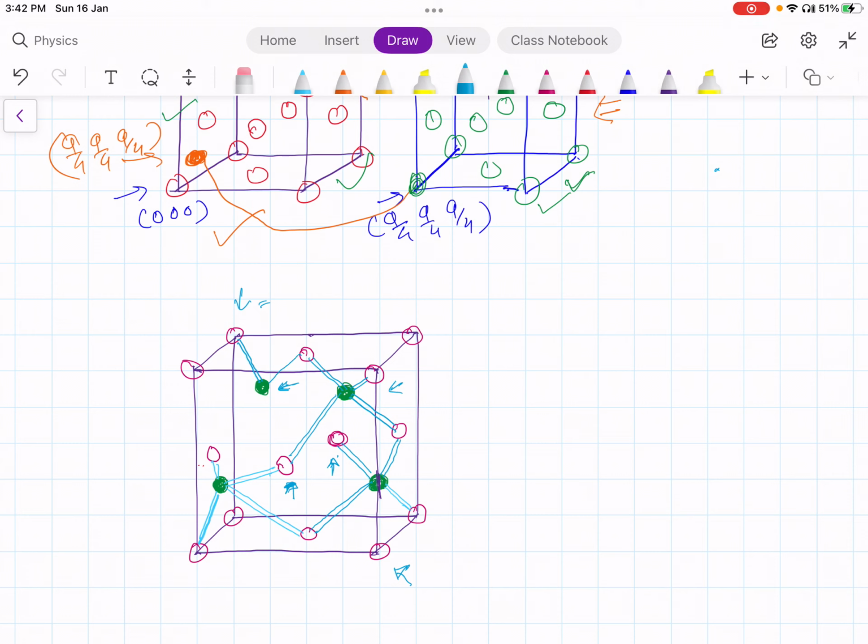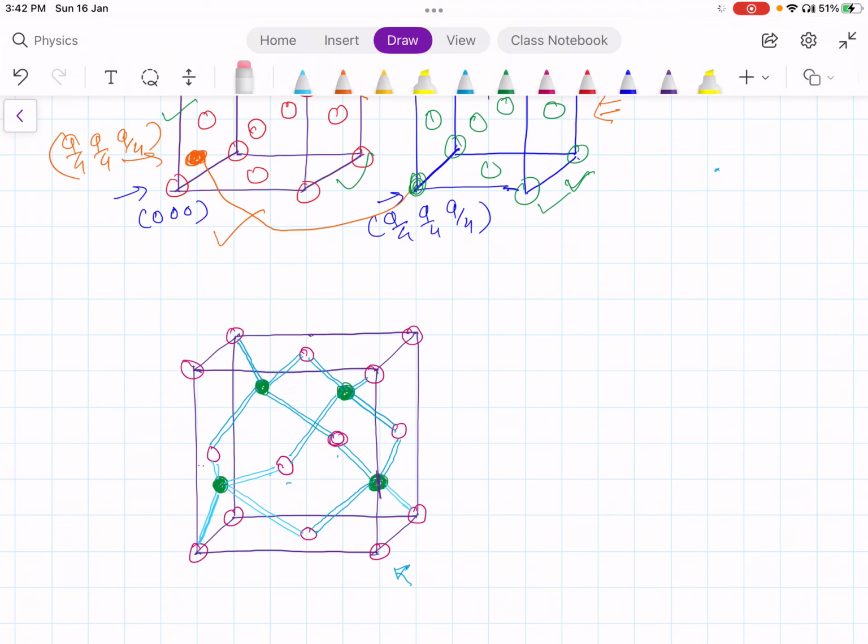Nearest face center, this and this. And the fourth nearest face center is the face center of the backside surface, because I said this atom is close to the backside surface. So the fourth covalent bond it will form with the face center of the backside surface. And this is the unit cell of diamond.